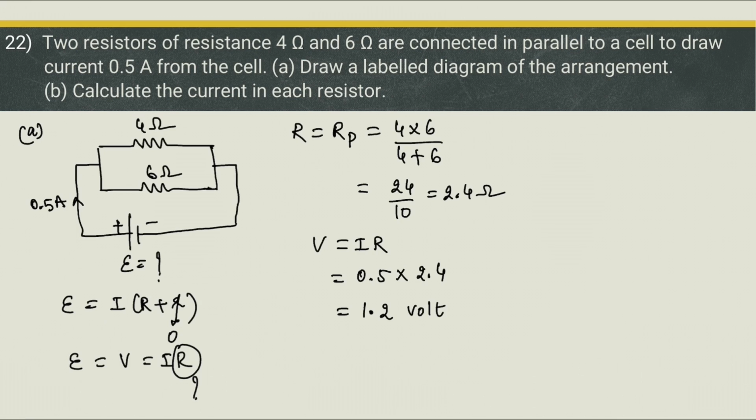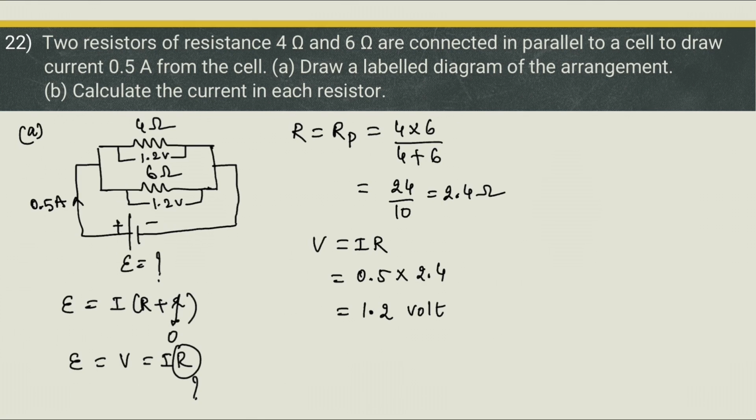Now since 4 and 6 are connected in parallel and that combination is directly connected to the battery, we can say that potential difference across 6 ohm is 1.2 volt and potential difference across 4 ohm is also 1.2 volt, right? Because in parallel connection, each resistor gets the same voltage as the voltage provided by the battery.